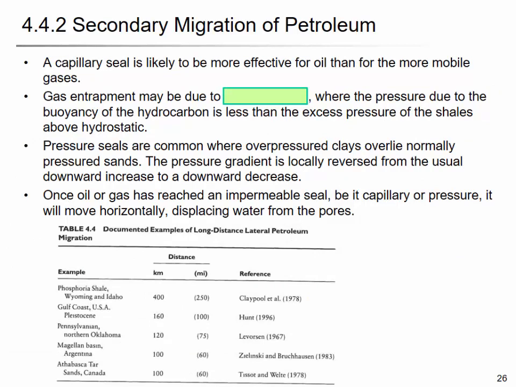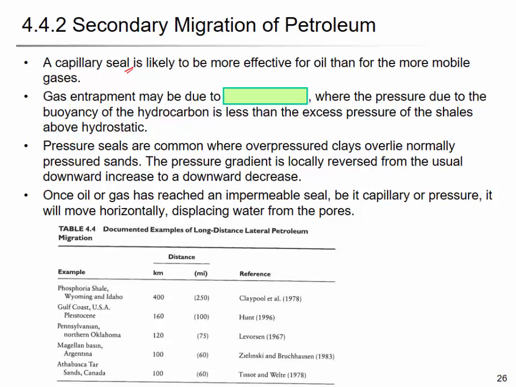Capillary sealing is likely to be more effective for oil than for more mobile gases. Capillary sealing is more effective for liquid hydrocarbon than for natural gas.